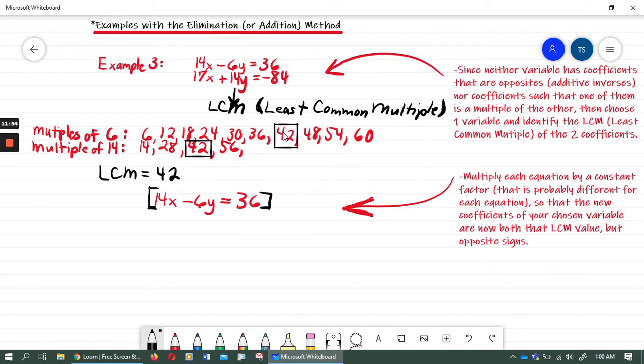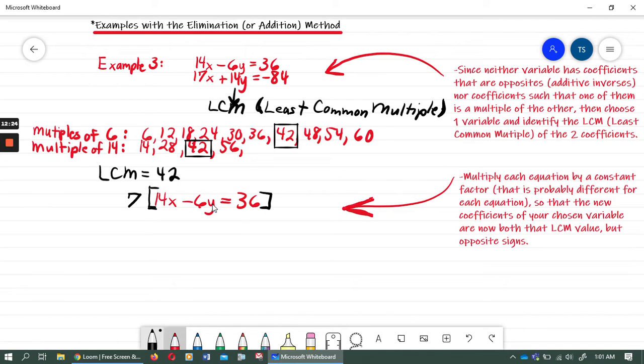Again, folks, the number that we need to multiply by there is 7, so that the 6 there will turn into a 42. Again, the number that we need to multiply by is 7 for this first equation. And we need to multiply or distribute that 7 times each of those terms on both sides of the equation.